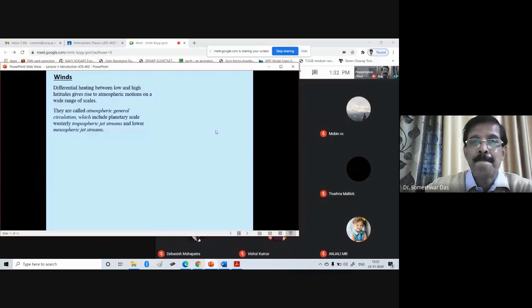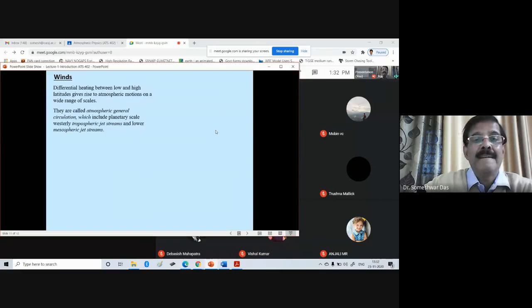When the fighter aircraft, especially the Japanese and American aircraft, were flying at that level, they were not able to balance themselves because of the very strong wind. Then they realized that there is something there, and discovered the presence of jet streams, which occur because of the strong temperature gradient.